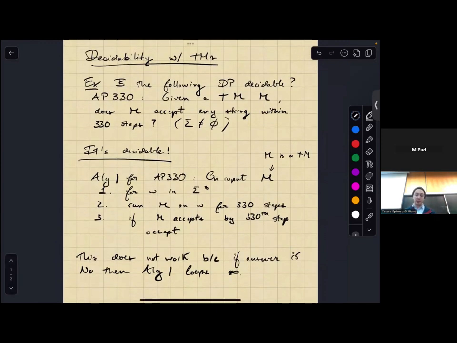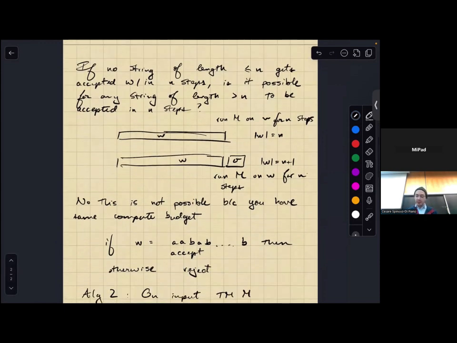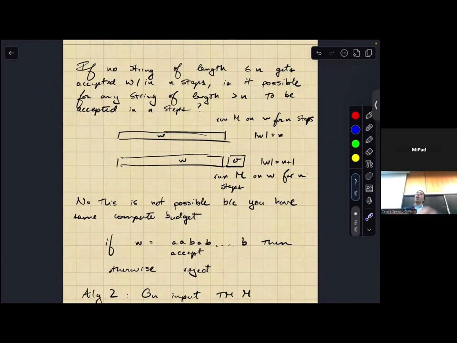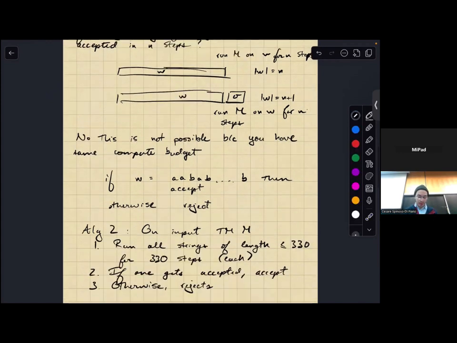In this case, I'm asking, is there at least one string? This fact was useful because I'm asking for at least one string that gets accepted within 330 steps, not all of the strings. If it was all of the strings, then that's also hard.